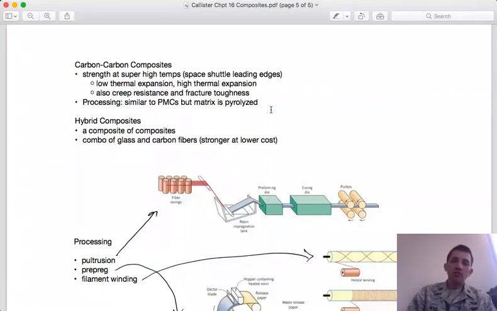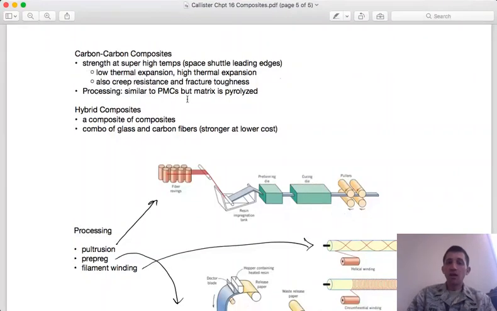You drive off some of the organic components, leaving a porous carbon matrix, and then that can be backfilled with more polymer and the process repeated. Along the way you are creating a composite with carbon fiber in a carbon matrix, and since you have already broken down and pyrolyzed the polymer matrix, this gives you high temperature resistance. But this is a lot more processing, which drives up the cost of this material.